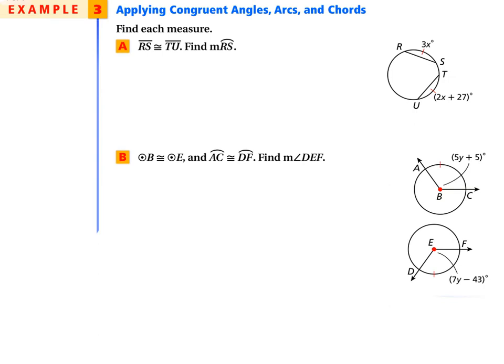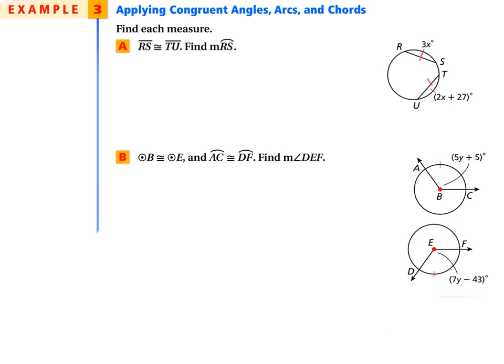Example 3. Find each measure. Segment RS and segment TU are congruent. Find the measure of arc RS. Well, remember once again, if we know the chords are congruent, then we know the arcs are congruent. So let's say that again. If chords are congruent, arcs are congruent.